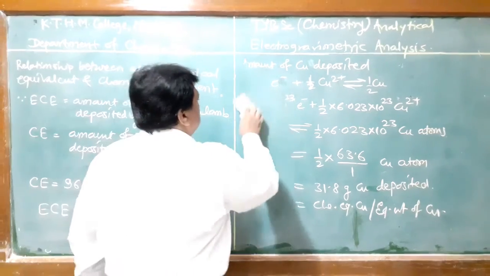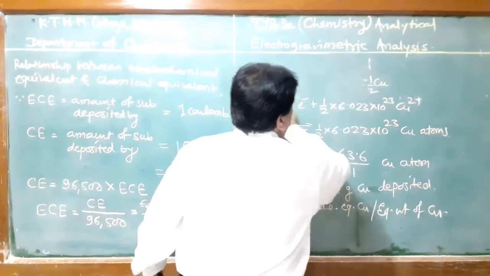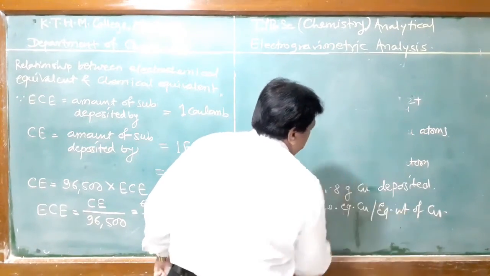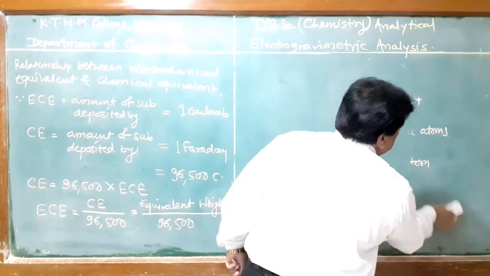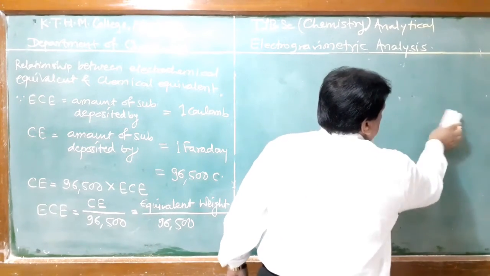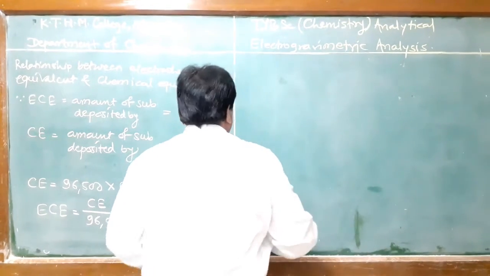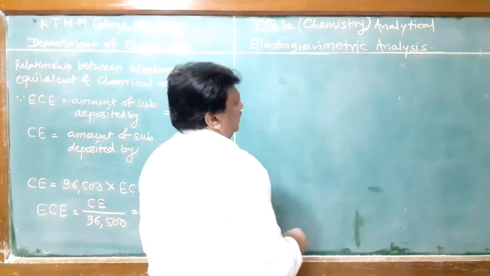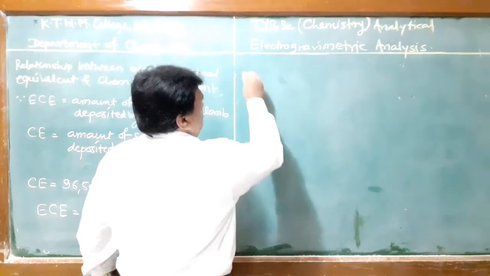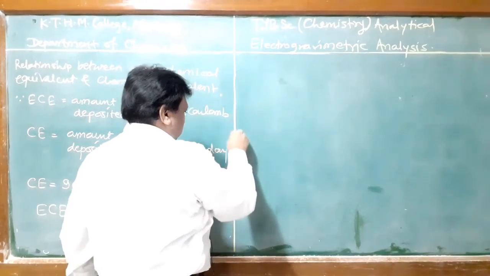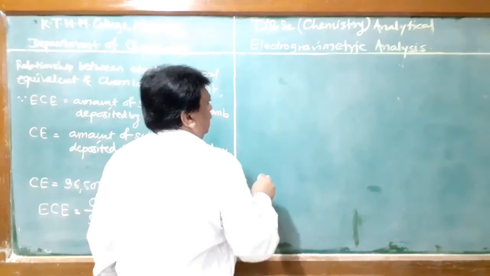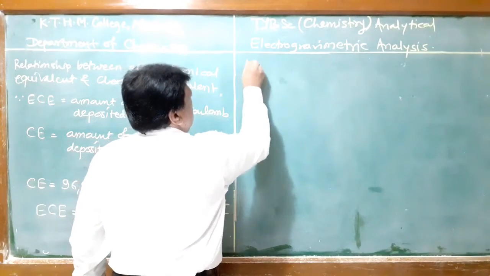On the basis of this, we solve one problem on Faraday's second law of electrolysis, and it is clear how the same quantity of electricity deposits substances in proportion to their chemical equivalent weights.